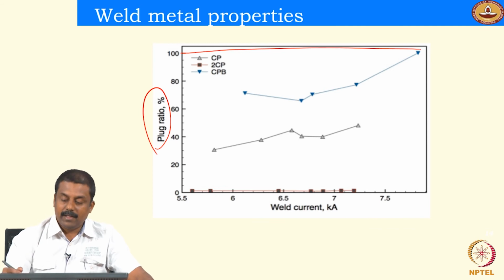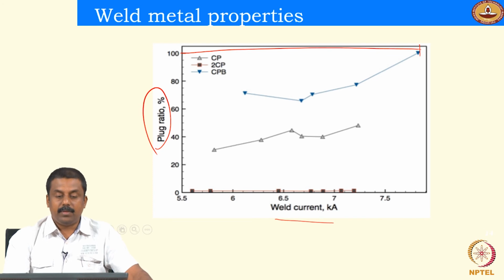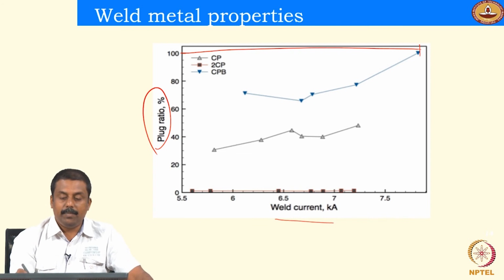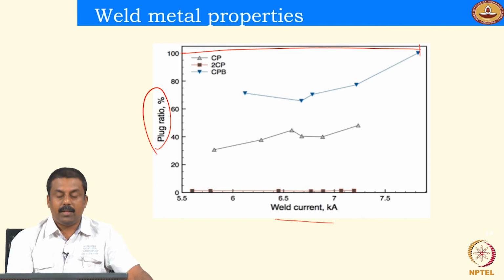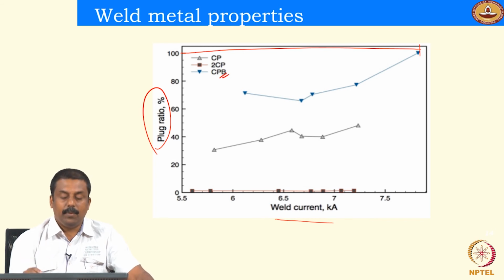As a function of welding current, the Imax, the maximum current, you would see that complete plug failure is observed for steel with 30 ppm of boron, whereas steel CP has a mixed mode failure where the plug ratio is not really acceptable, whereas CPB has a very good, acceptable failure mode.